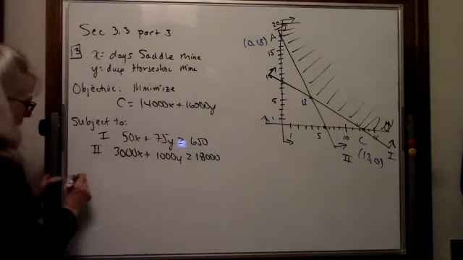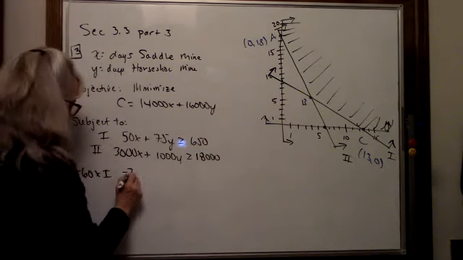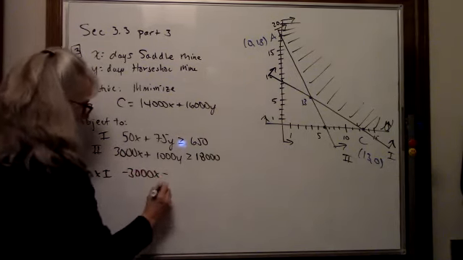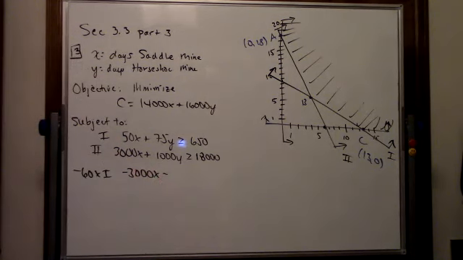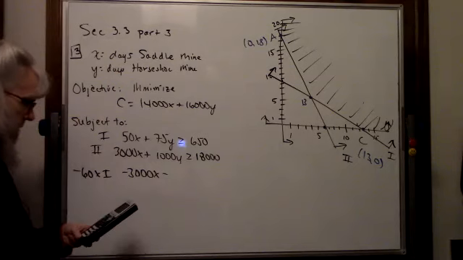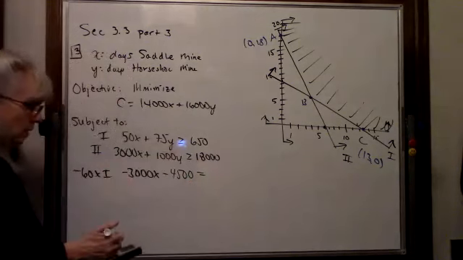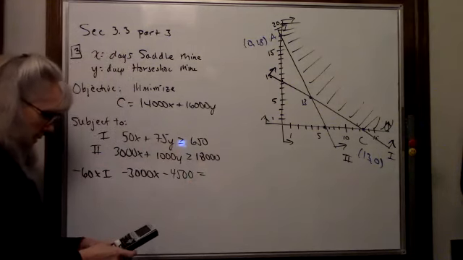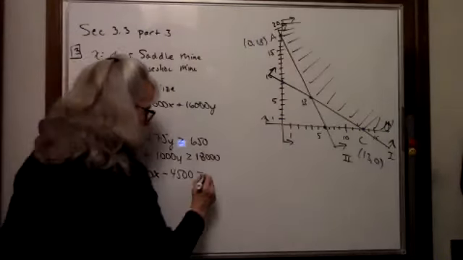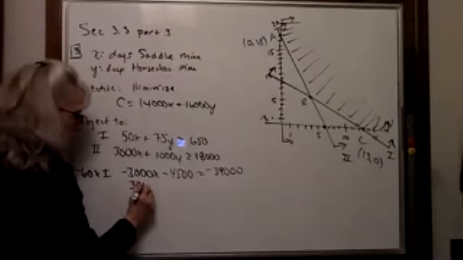So we're going to multiply equation 1 by negative 60. So that will give me a negative 3,000x minus 75 times 60, which comes out to be 4,500y, equals, again, take out the inequalities, 650 times 60 is negative 39,000. And we'll take the second equation the way it is.